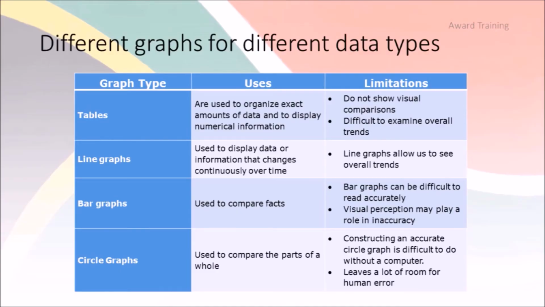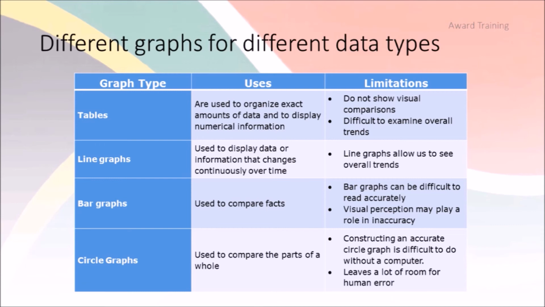There are various types of graphs. For example, tables. Tables are used usually for exact amounts of data and to display numerical information. However, there are some limitations to tables in that it is difficult to examine overall trends.